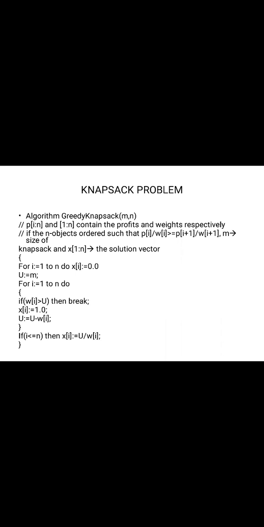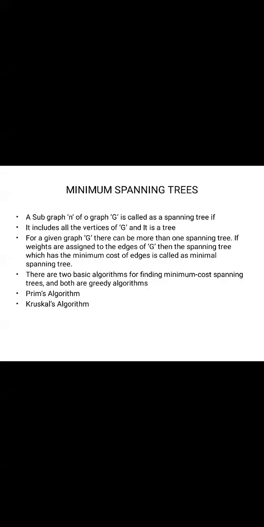Minimum solution, maximum profit. This is the major strategy of the knapsack problem. This problem can be solved in many ways, like dynamic programming, where we also studied the knapsack problem.